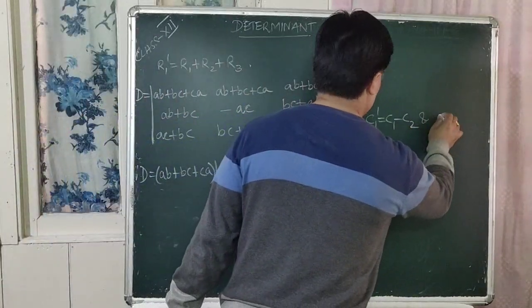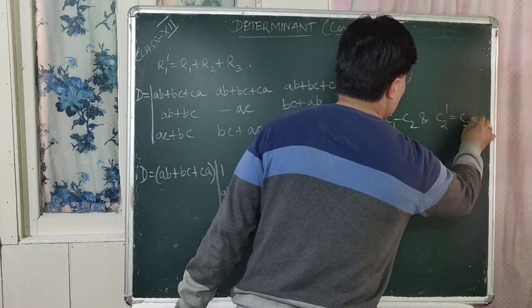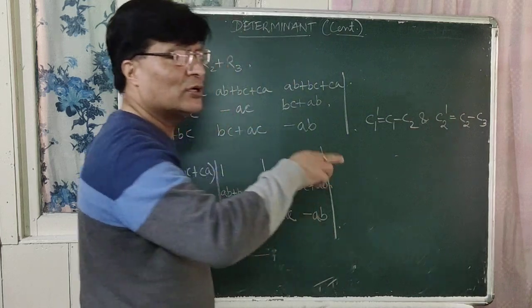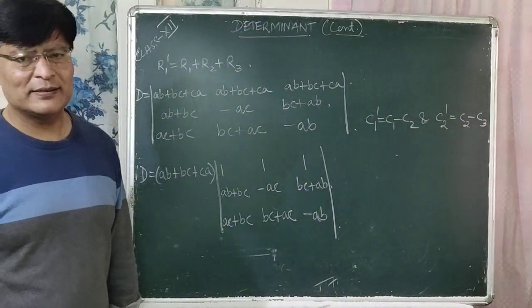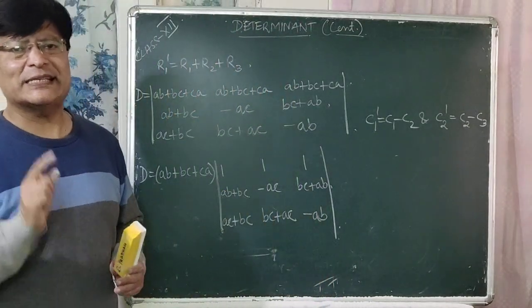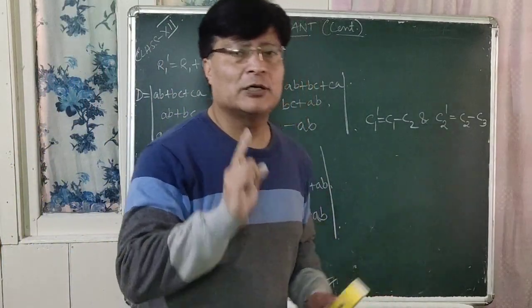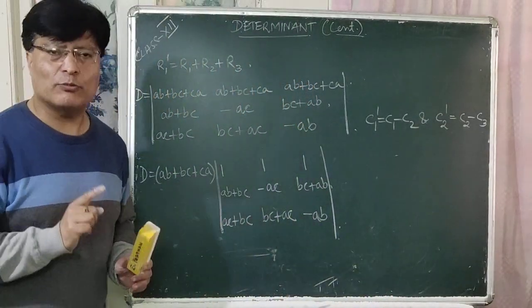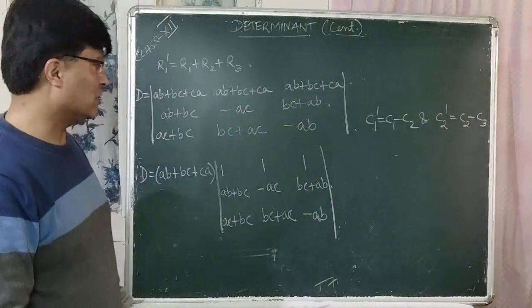And let's do C2 dash is equal to C2 minus C3. You may do C3 dash is equal to C3 minus C2 or C3 minus C1. But you have to use a maximum of 2 properties at a time in case of third order determinant, not more than 2.